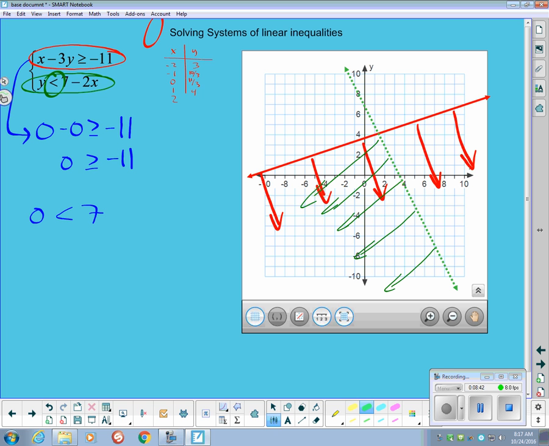I could just come back in and say, well, what's going to be shaded by both of them is this part down here. I can see that by where my shading indicator lines are. Okay? And that is how you graph or solve a system of linear inequalities.